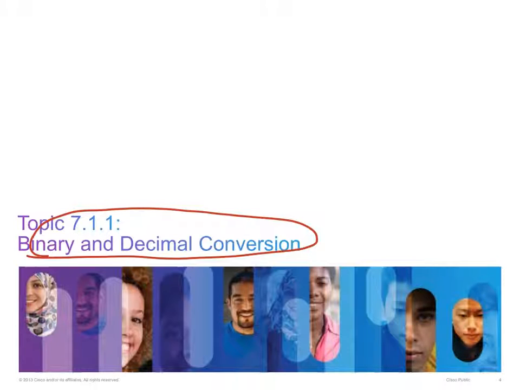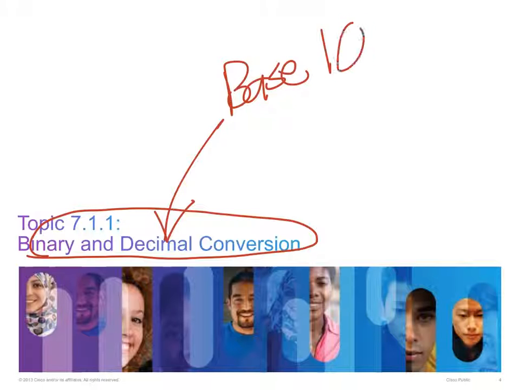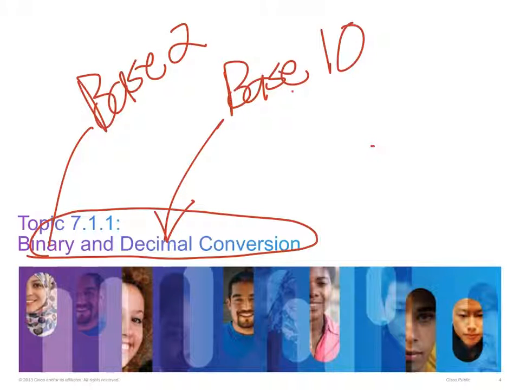Okay, so decimal we talked about a little bit in class, but we talked about base 10. Binary, base 2. Base 10 means we use 10 digits to represent something. Binary means we're going to use 2 digits to represent things.